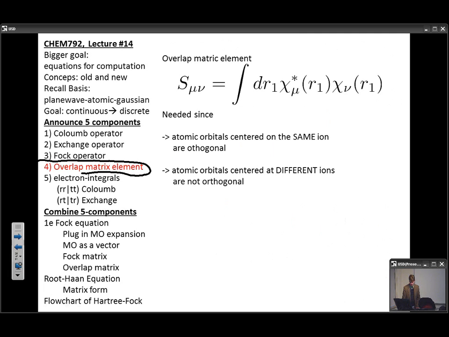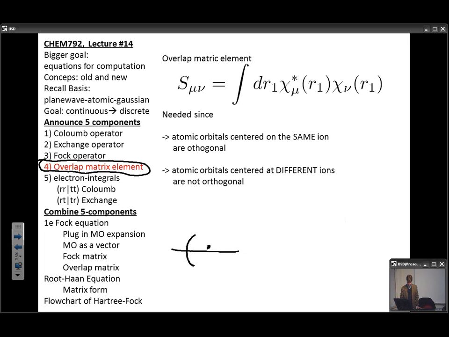Okay, a little rigorous thing, but it is not complicated. In case we are using the basis of atomic orbitals, which is very good for molecules, we know that those orbitals that are localized on a selected ion are orthogonal to each other, right?